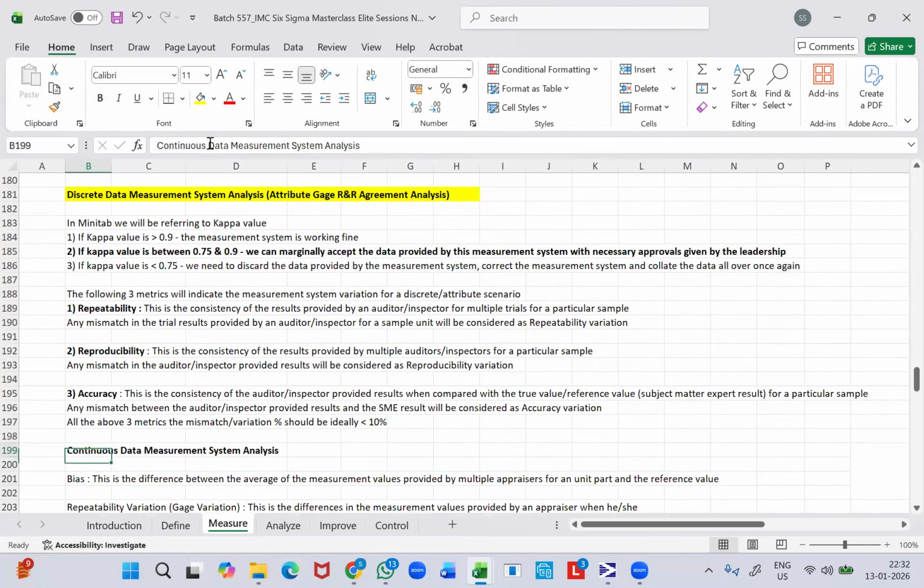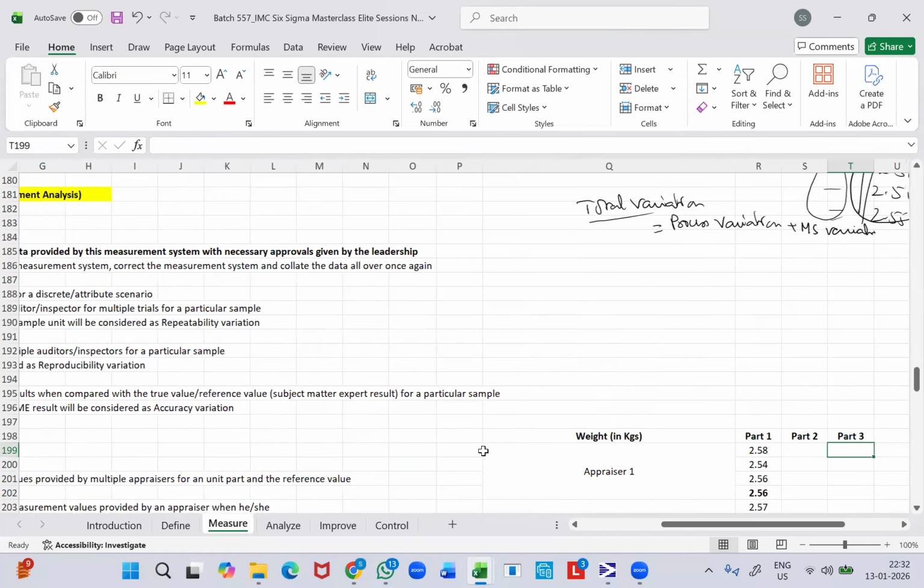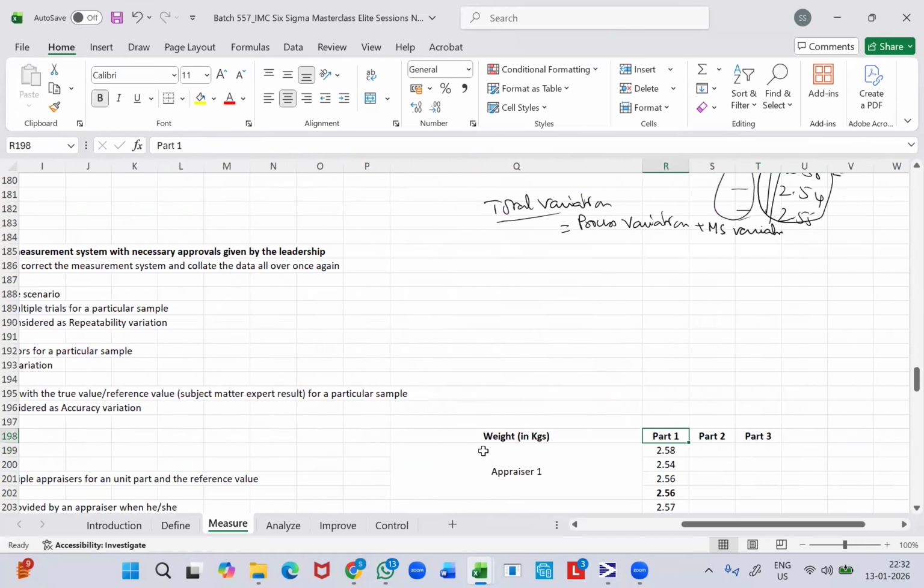Fine. So now let us look at the continuous data measurement system analysis. For continuous data measurement system analysis, we need to have a minimum of 10 sample units for our exercise. And these sample units are referred to as parts here, part 1, part 2, part 3, up to part 10.